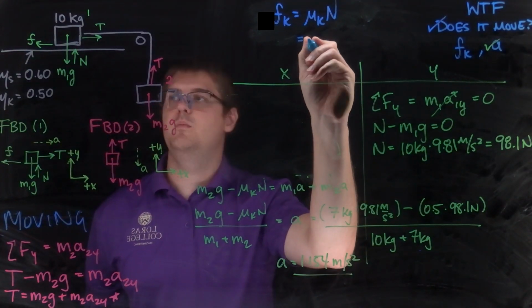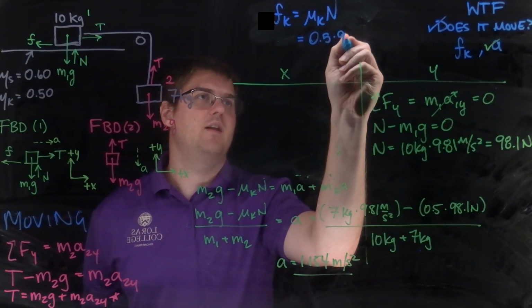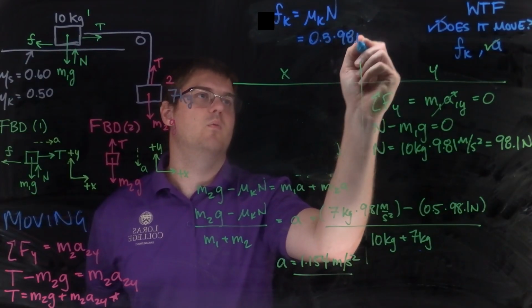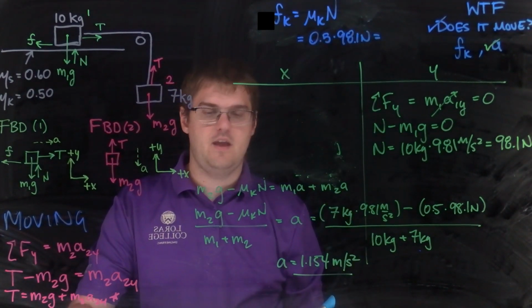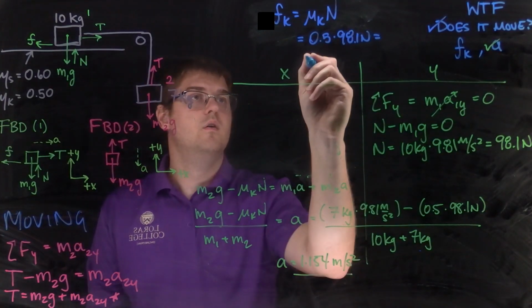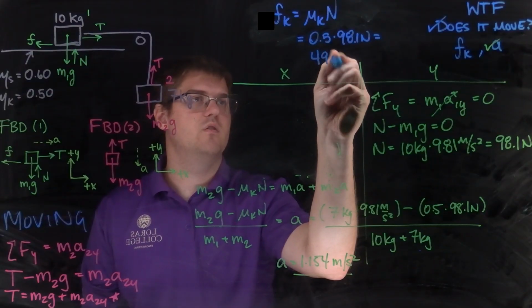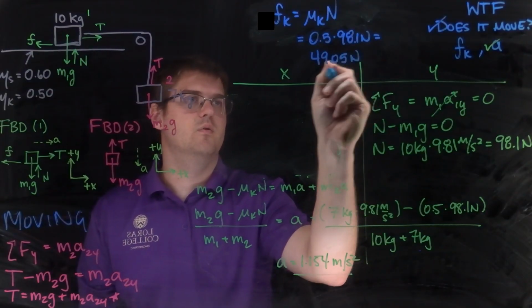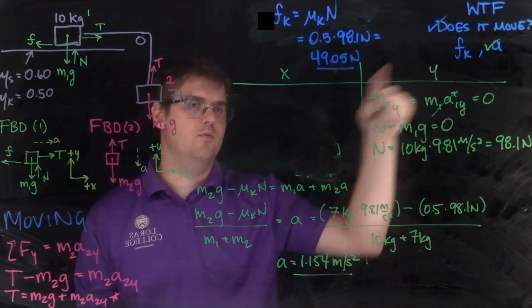This guy is going to be equal to 0.5 times 98.1 newtons. Half of 98.1 should be 49.05 newtons.